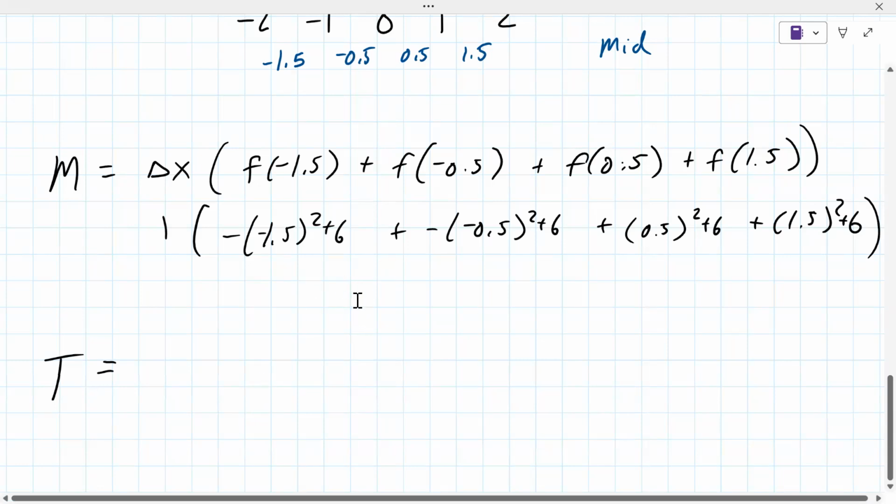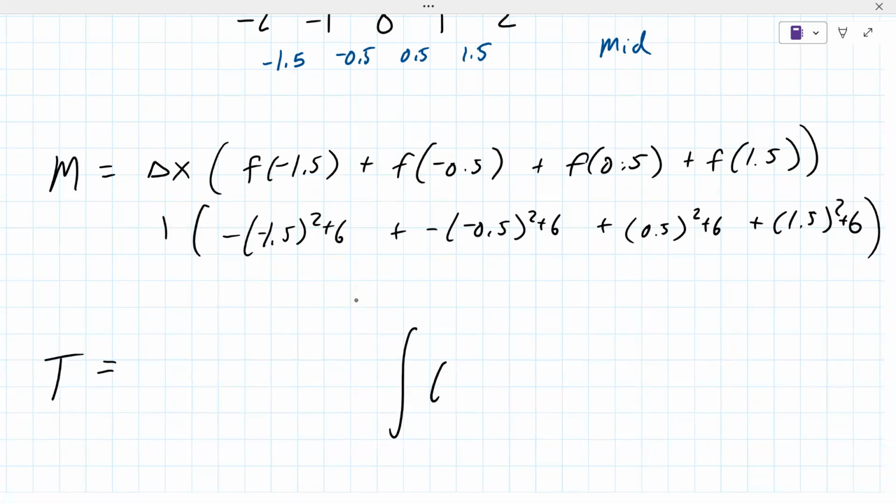What you're asking is the integral of minus x squared plus 6 dx from -2 to 2. All these numbers are giving you approximations of this. We know how to find the exact, but in real life, you don't know how to find the exact very often. So you have to use all these numerical techniques.